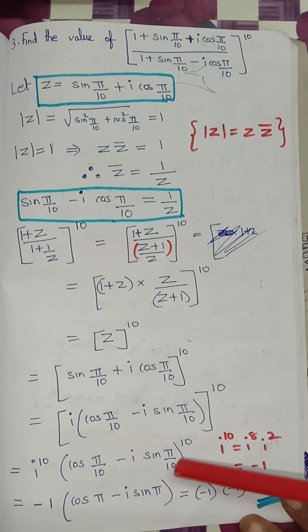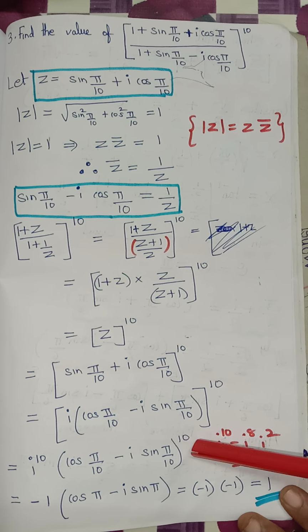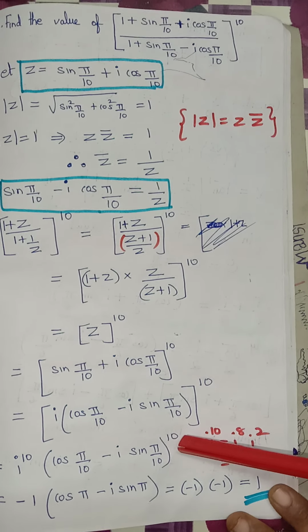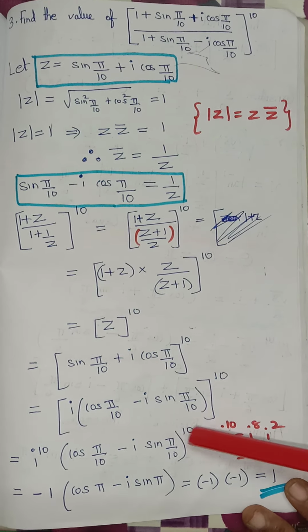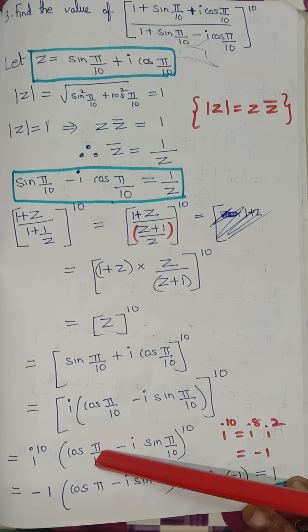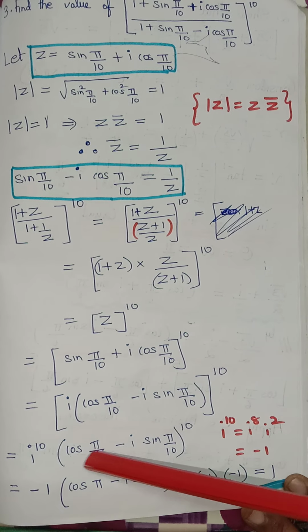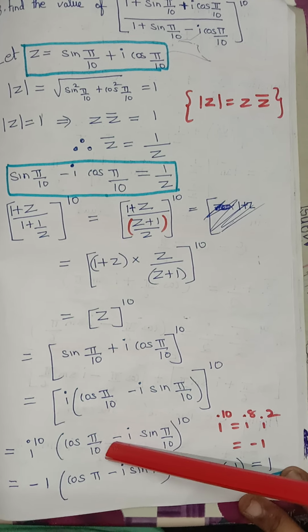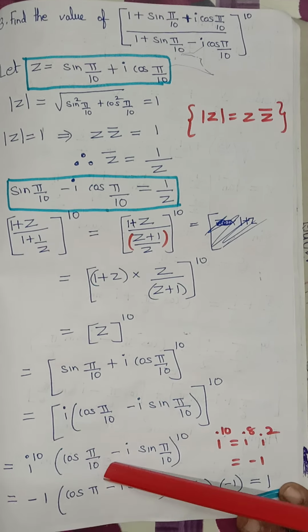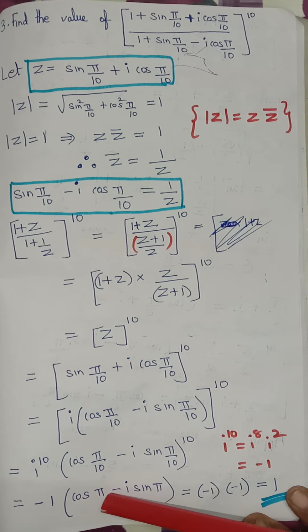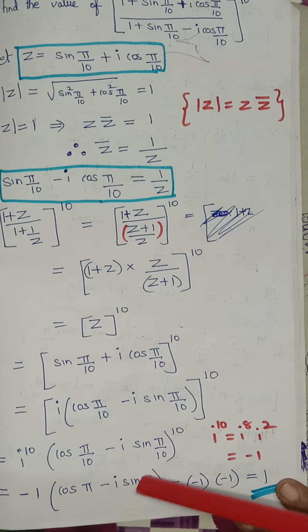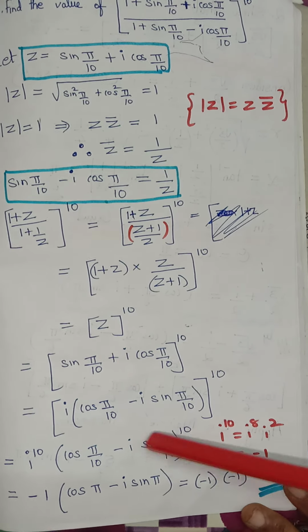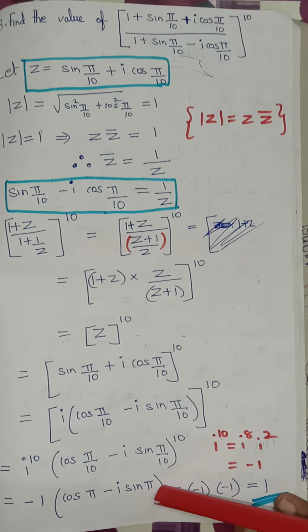Now in this bracket, I can apply De Moivre's theorem. So let me apply De Moivre's theorem. De Moivre's theorem means what? That the power should be brought inside. So when I put the 10 here, 10 into π/10, what will happen? The 10 gets cancelled. So I will have cos π − i sin π, the 10 into π/10 cancelling.